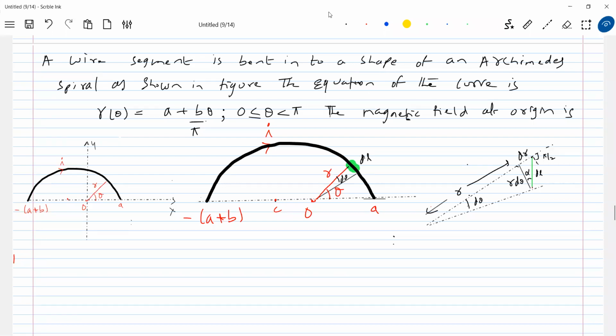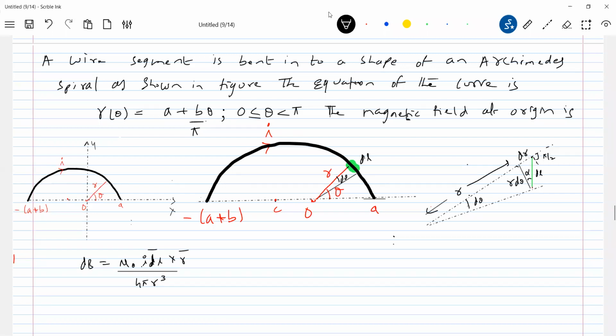Okay, let's write the Biot-Savart equation. dB bar is equal to mu naught I dl bar cross r bar by 4 pi r cube, in the vector form.